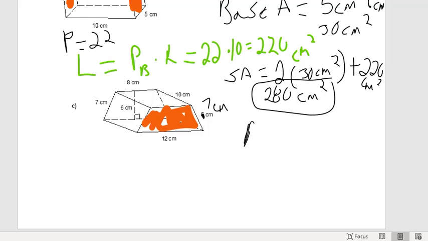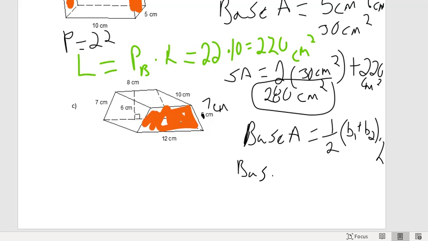Okay, our base area is going to be 1/2 base 1 plus base 2 times the height of the trapezoid. So our base area is 1/2 of base 1 is 8, base 2 is 12, so 8 plus 12, and then multiply by our height, which is 6.